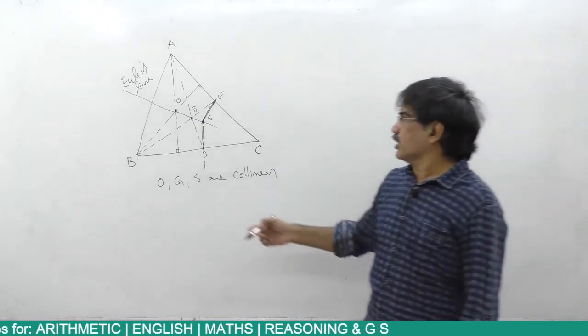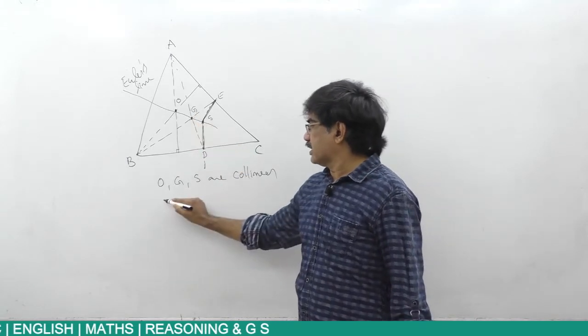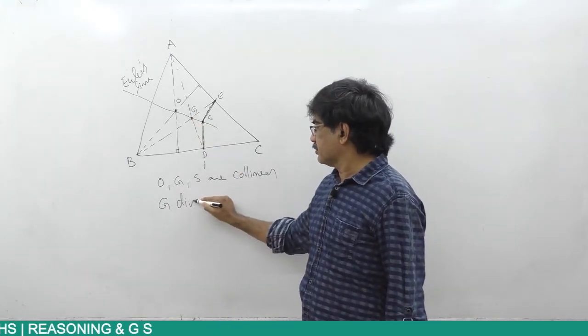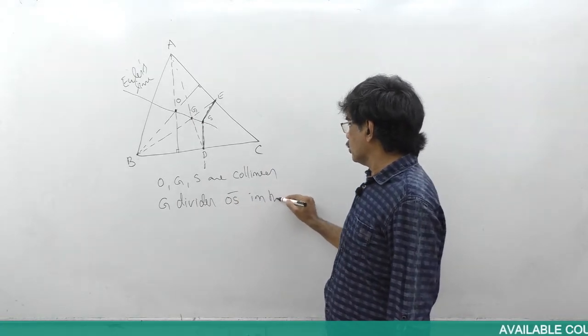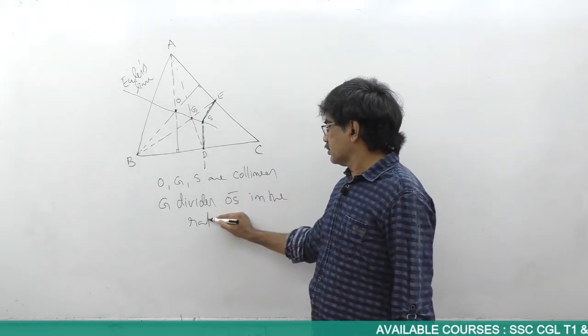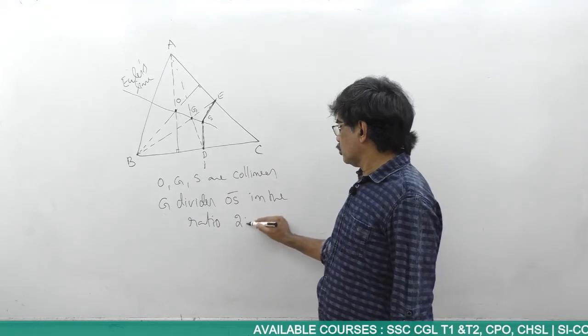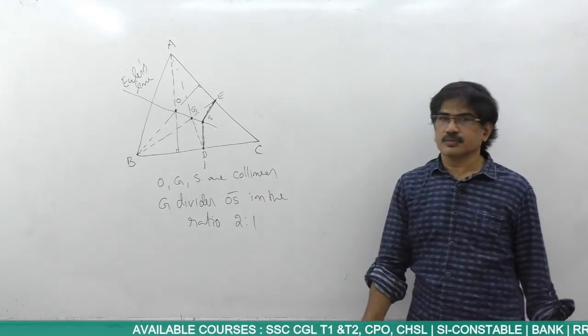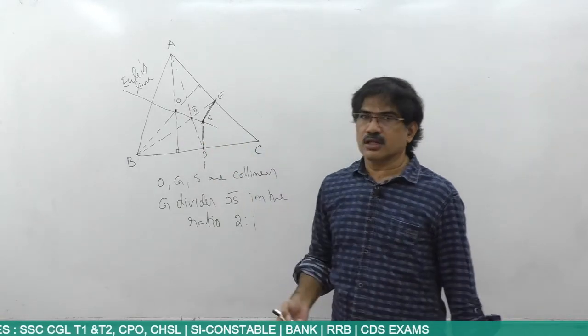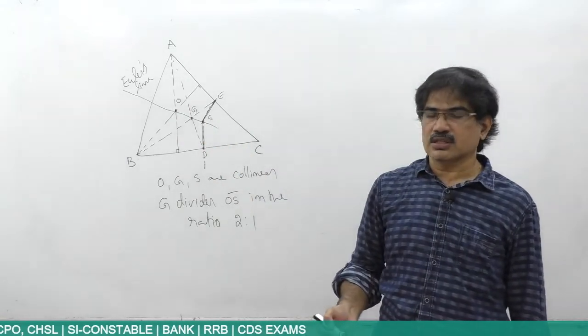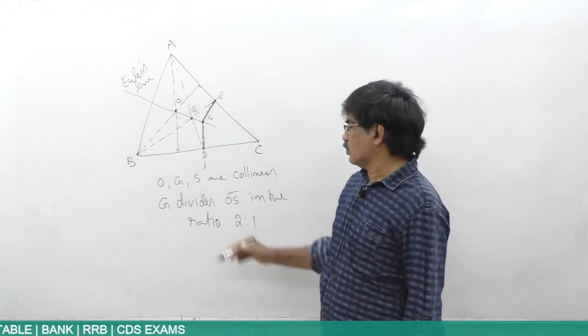And a very, very important point here is that the centroid divides OS bar in the ratio 2:1. The centroid divides the line segment joining the orthocenter and circumcenter in the ratio 2:1.